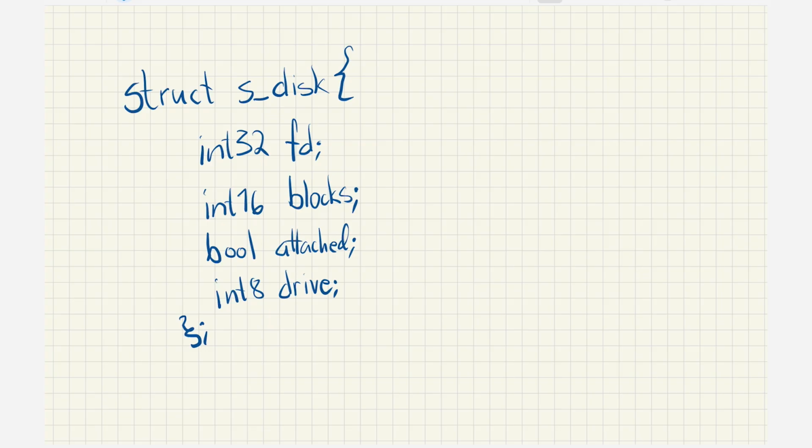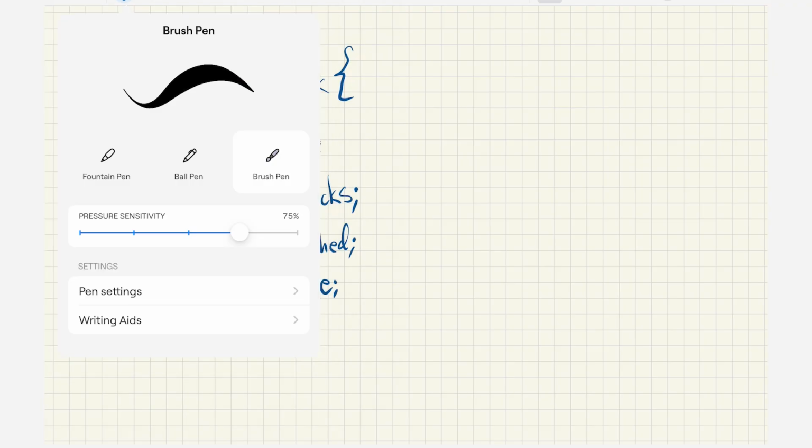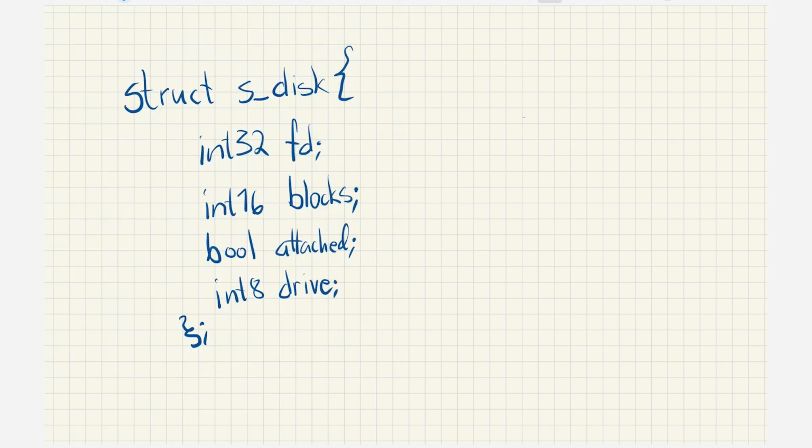Alright, so this is the structure, and it will be pretty simple, the API for the disk emulator layer. Basically, we will just have something like this.